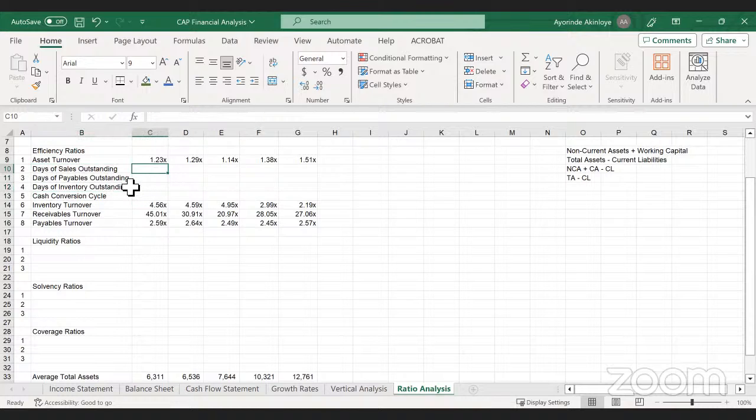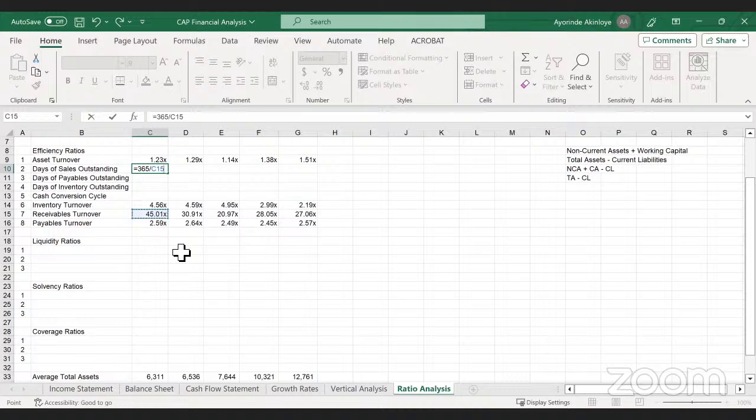All the days of whatever outstanding is basically 365 divided by the turnover ratio. That is, you want to get it in days now. So days of sales outstanding is basically 365 days divided by receivables turnover.